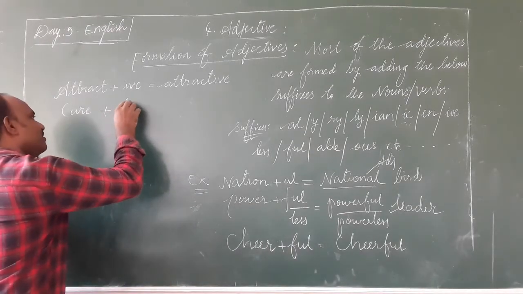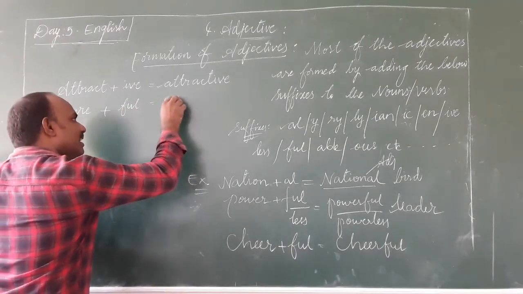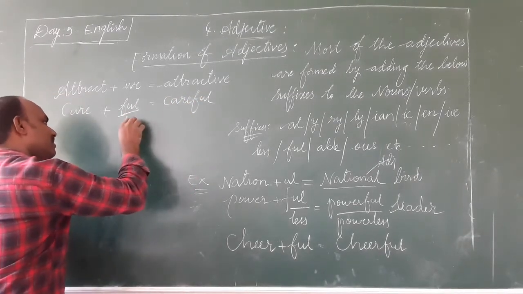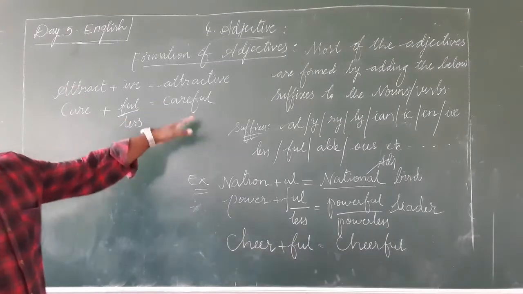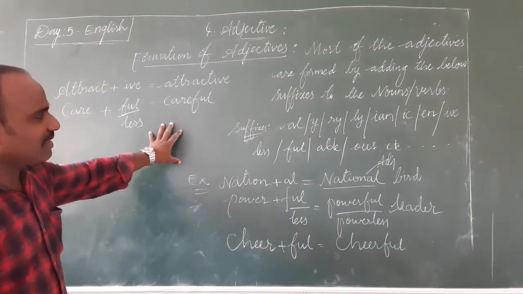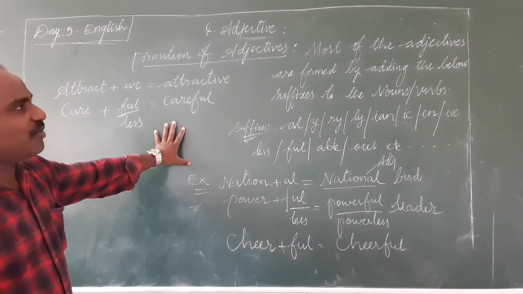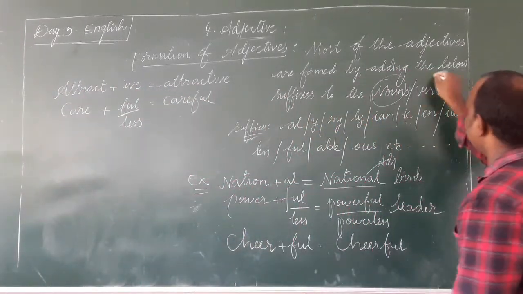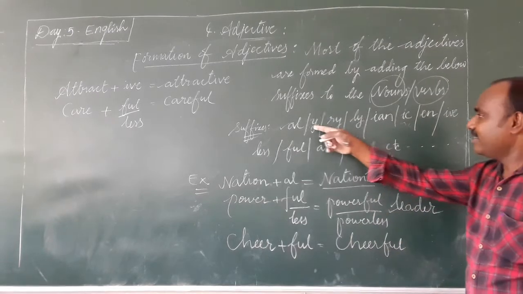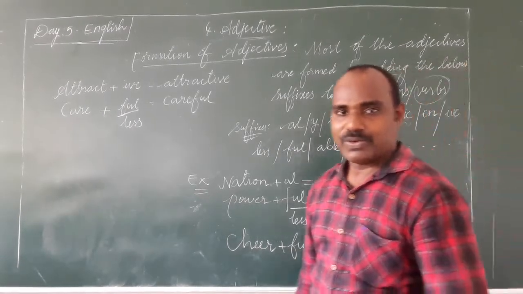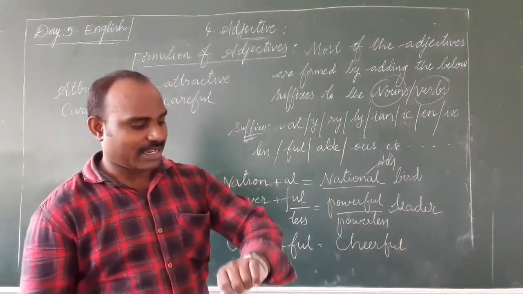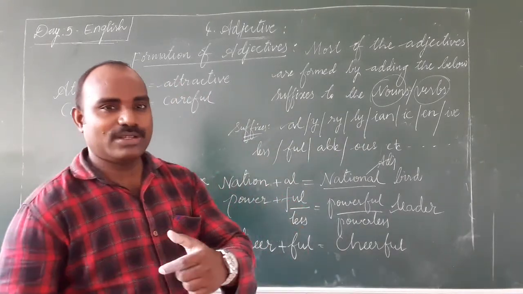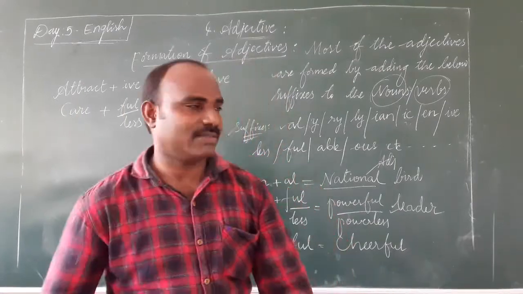By adding the suffix ful, we can have a new word, careful. We can add less, careless. So this is how we get adjectives from either nouns or verbs by adding these suffixes. This is formation of adjectives. And finally, we have 10 minutes in hand. I'd like to tell you the order of adjectives.